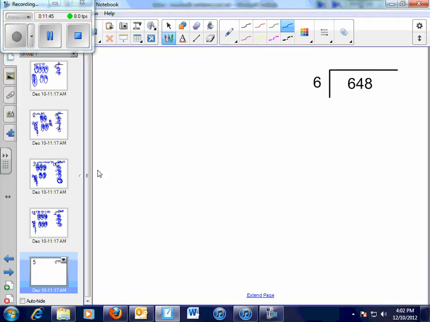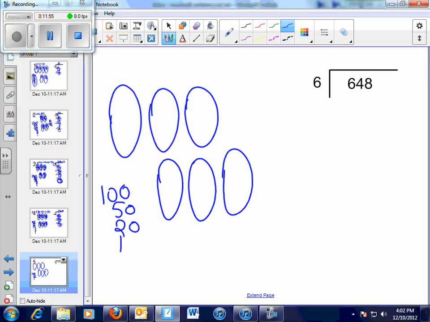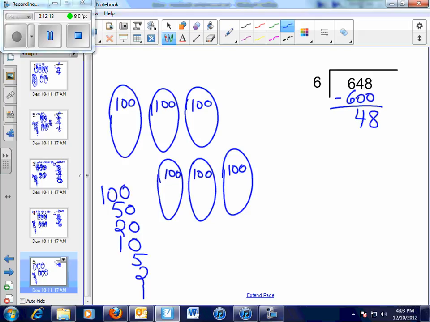So if I started again with my 6 ovals, my friendly numbers over here. Okay, so I'll start with my 100. And when I subtract, I get 48.